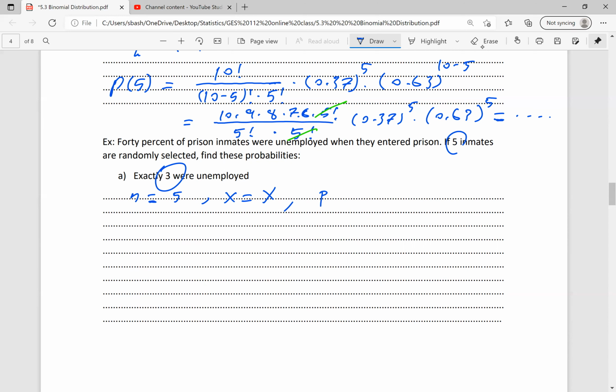Now p, because we are speaking about unemployed, and the question says 40% of prison inmates were unemployed. So p is equal to 40%, which is 0.4.